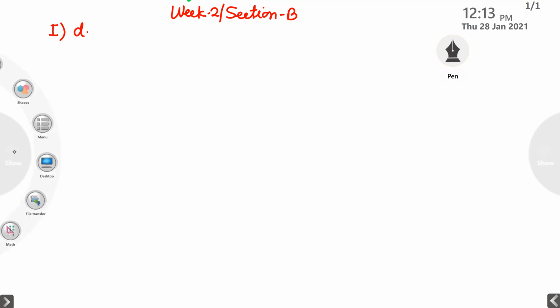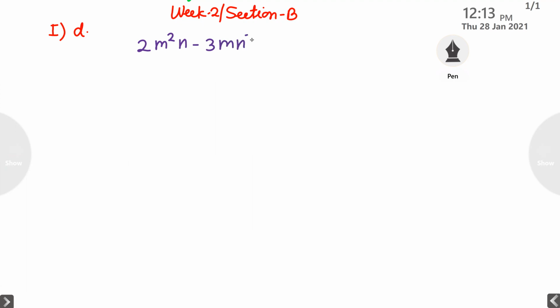Right. D question is he has given multiply the following expressions. First one he has given 2m square n minus 3mn square into 3m minus 4n.